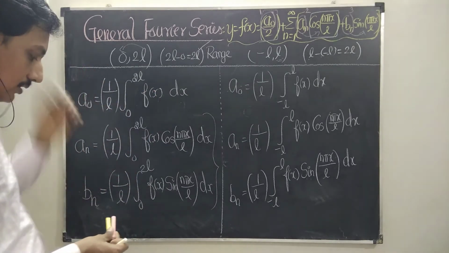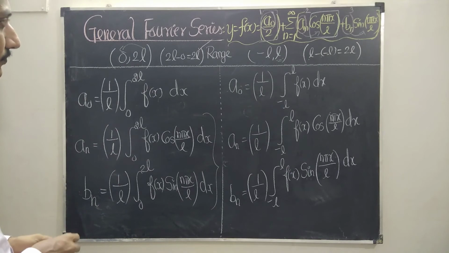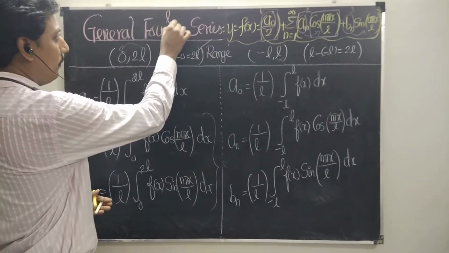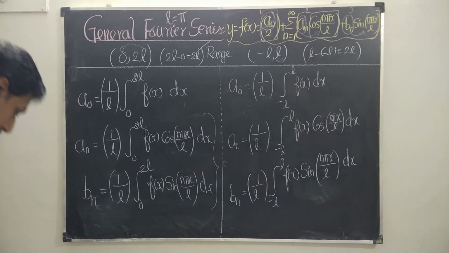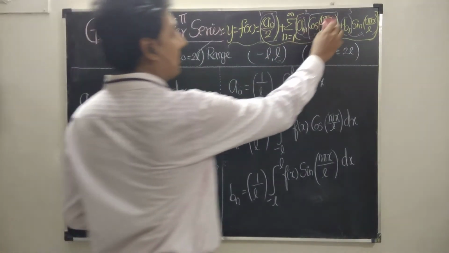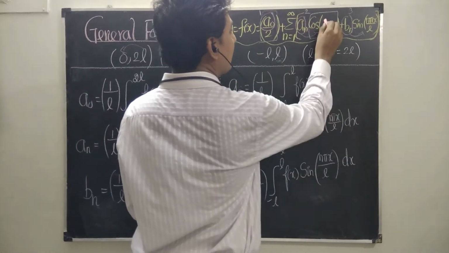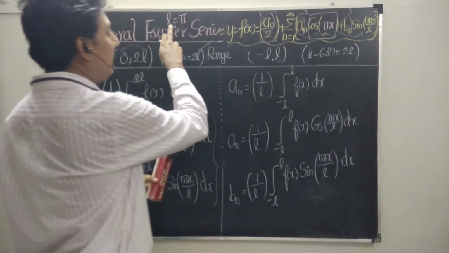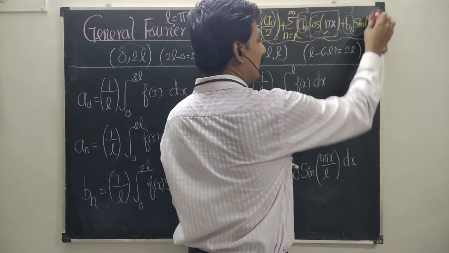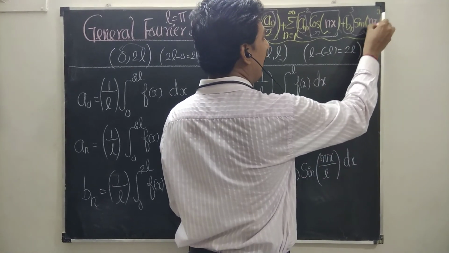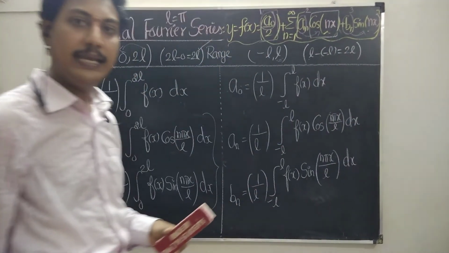Now what about when I replace L equal to pi? This becomes cos nx. Why? Because when we put L equal to pi, this pi and this pi get cancelled, so the terms become very simple: cos nx, sin nx.